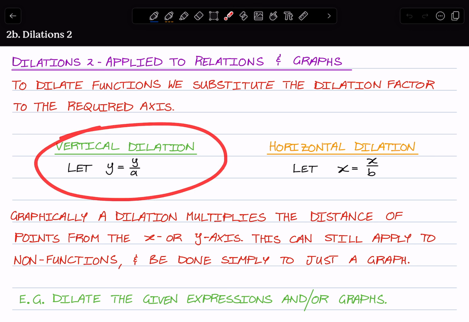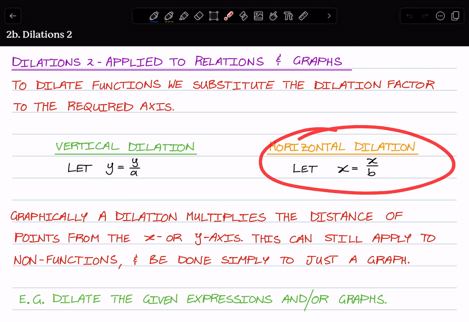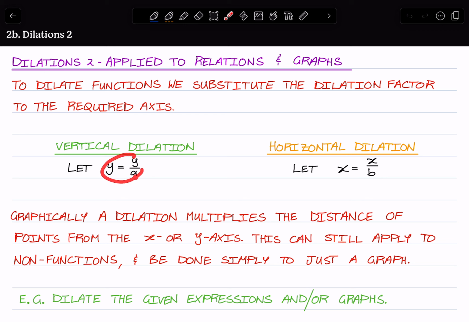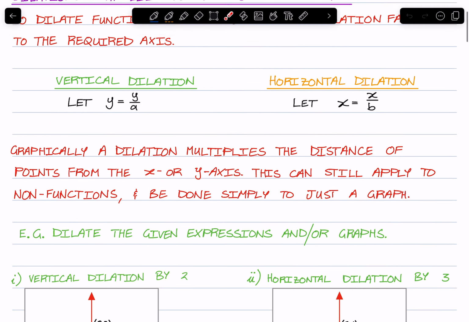As we saw, to dilate vertically or dilate horizontally, we are substituting x or y for y over a, or x over b, for the required dilation factor.